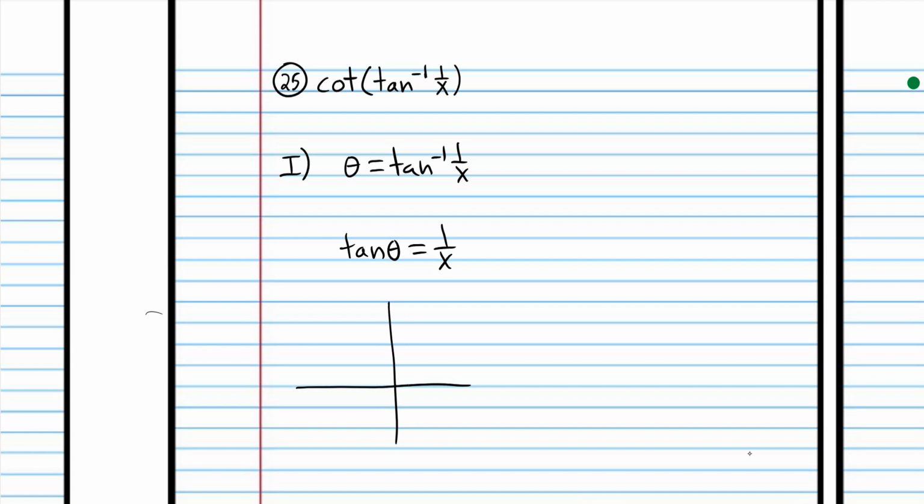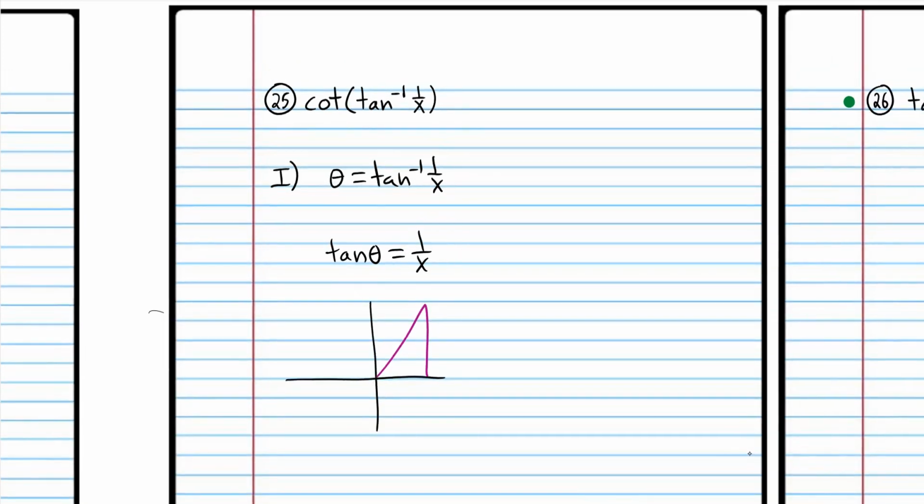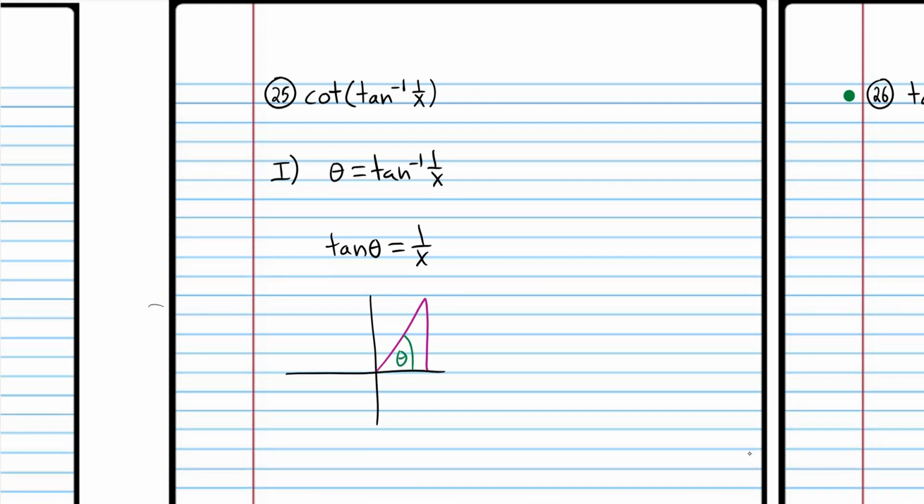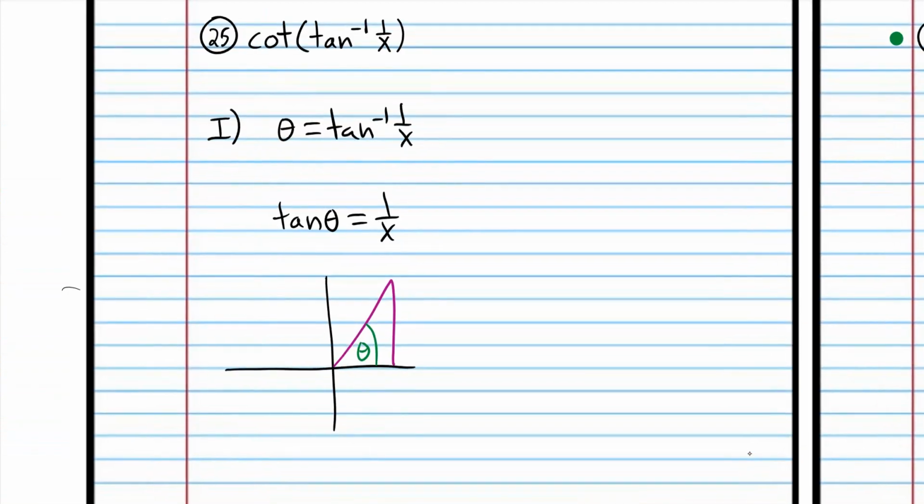The triangle is always going to be in the first quadrant because x is positive, so tangent is going to be a positive ratio, which means it must be in the first or third quadrants. It can't be in the third quadrant because that's outside the tangent inverse range restrictions. So it's got to be in the first quadrant. And the angle we'll just call theta, and tangent is opposite over adjacent.